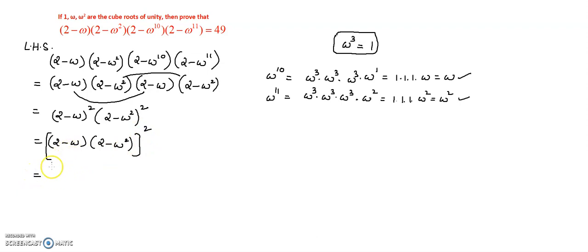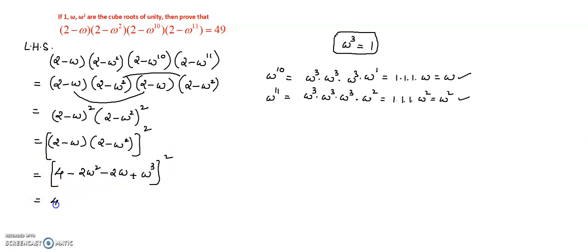Now let us multiply inside. 2 into 2 is 4. 2 into minus omega square is minus 2 omega square. Minus omega into 2 is minus 2 omega. Minus omega into minus omega square is plus omega cube, whole square.